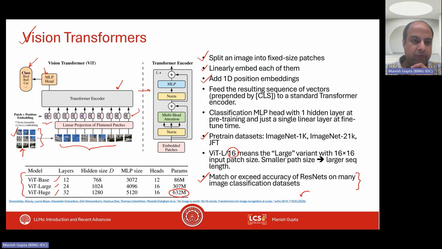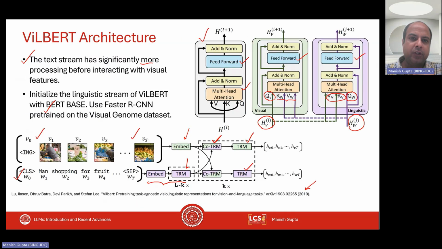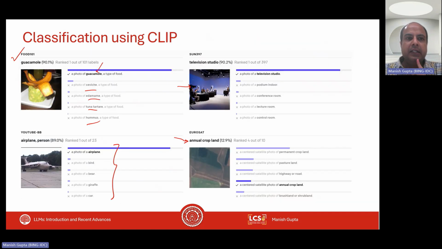Then we talked about vision transformers, which use transformers to encode images. Then we talked about three different models for encoding images, namely VisualBERT, ViLBERT, and CLIP, right? In that order they have been pre-trained using larger and larger image-text pairs, right?